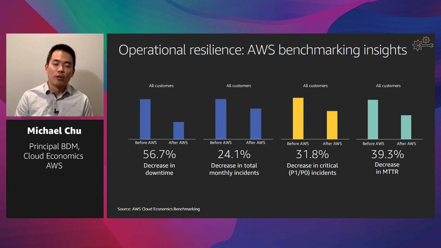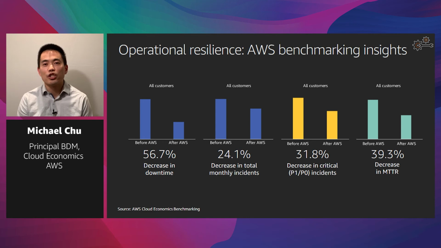Now, top down, how do we go about utilizing benchmarks? The benchmarking data shows that on average, companies reduced their downtime by 56.7%. They were able to reduce the number of incidents by 24.1%. They were able to decrease the critical P1, P0 incidents by 31.8%.